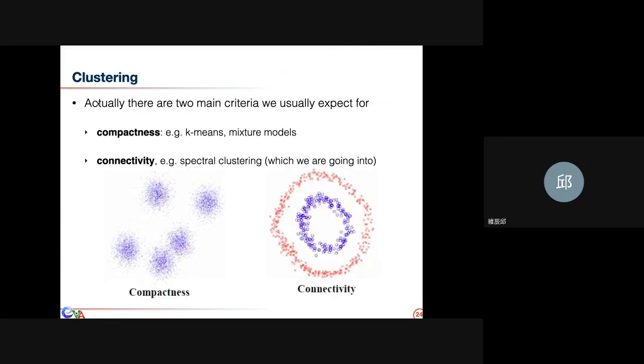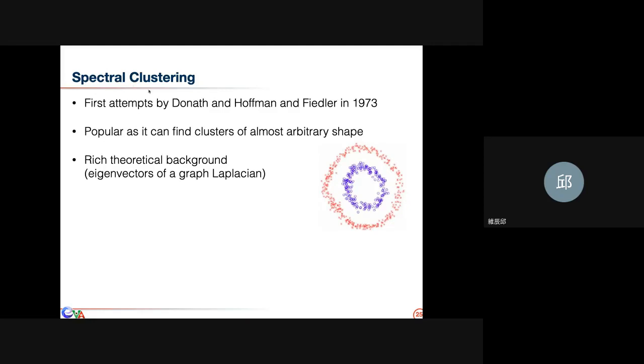That means you need to first project your data to some feature space, then perform k-means over there, right? But spectral clustering can find clusters of almost arbitrary shape because it mainly considers the connectivity.